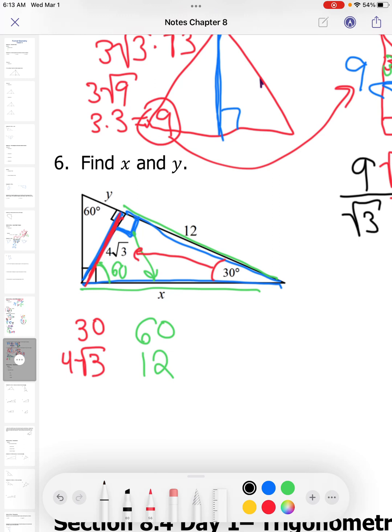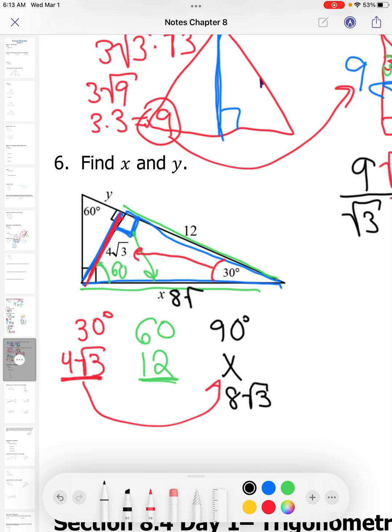I like to write it out just so I know what I'm doing. Okay, and then the 90 degrees is my x. So instead of dealing with the 60 degrees, I can just deal with the 30 degrees because the short leg, the one across from the 30, is the short leg. And if I want to find the hypotenuse, I'm just going to double it. So that is 8 root 3. So that is x. Okay?